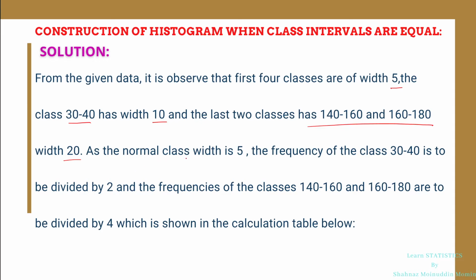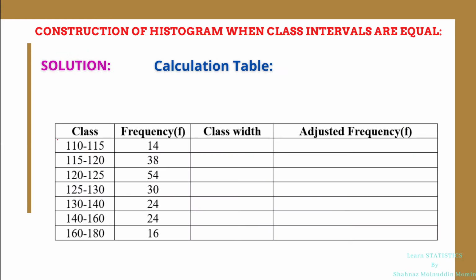Since the minimum width of a class is 5, which is known as the normal class, the frequency of class 130 to 140, having width double the normal class, is divided by 2, and the frequency of the last two classes, 140 to 160 and 160 to 180, having width 20, which is 4 times 5, must be divided by 4. Hence the calculation table becomes, I have written the class and frequency in vertical columns.